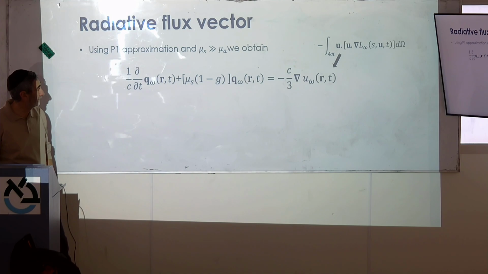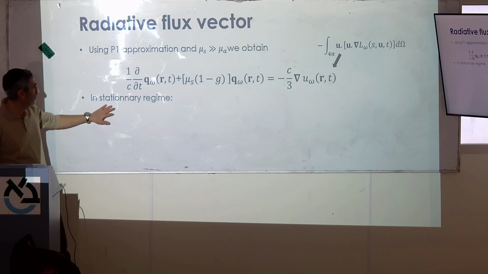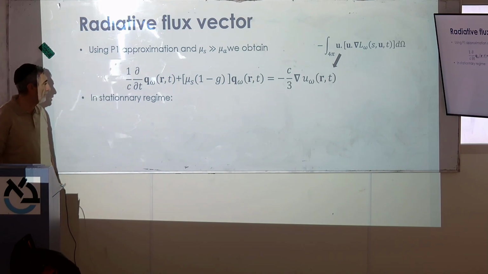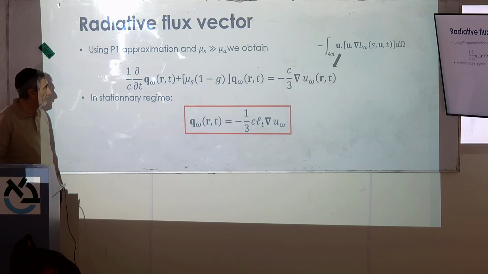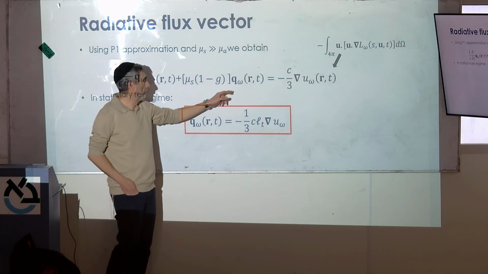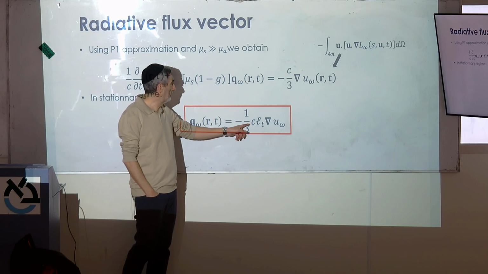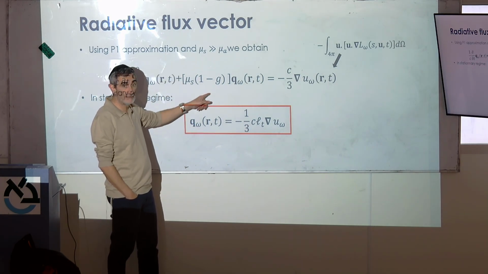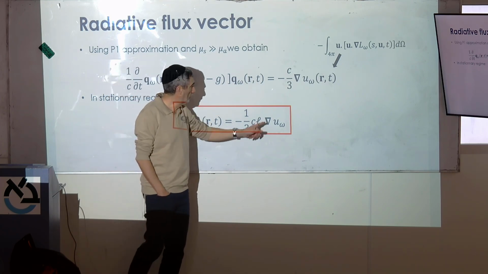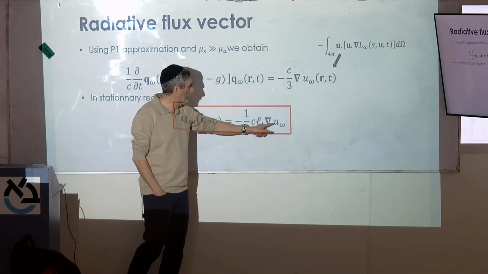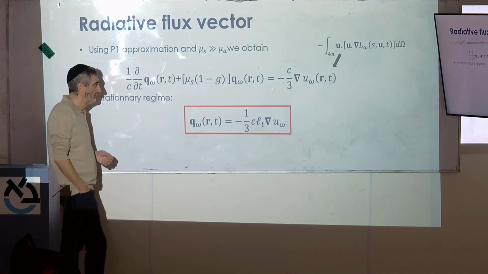That's an important equation. We are getting close to the final one. If you consider the stationary regime, ignoring the time variation in the steady state regime, we have Q equal to minus 1/3 of C. Here you recognize 1 over the transport mean free path, so this is C L_T times the gradient of U, the energy density.